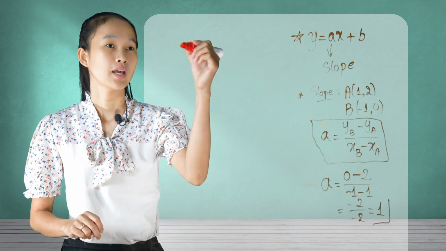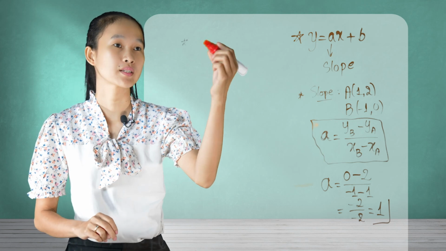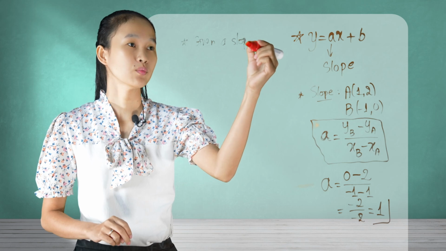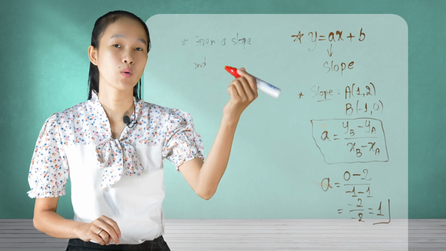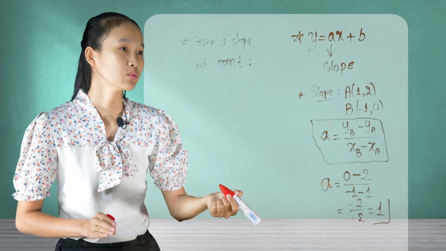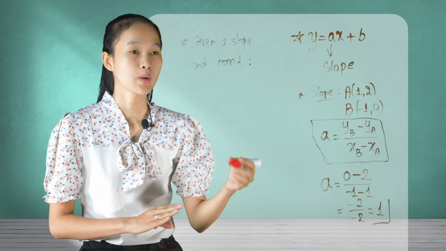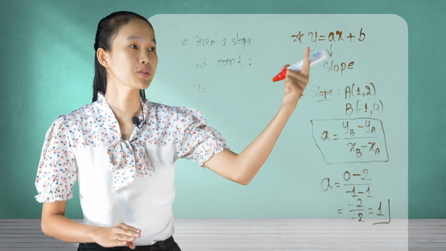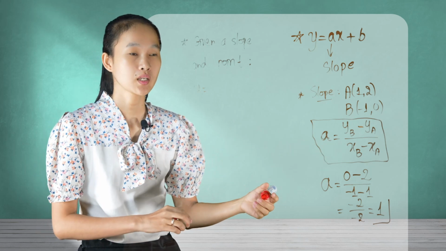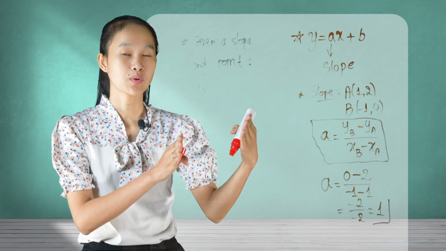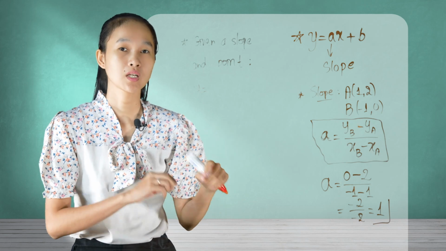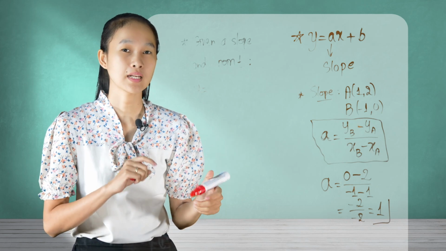If a slope and a point on the line are given, you can also use the previous method to find the linear equation, but it will be a little long. If you can remember the formula that I'm about to give you, you can find the equation a little bit faster and easier.